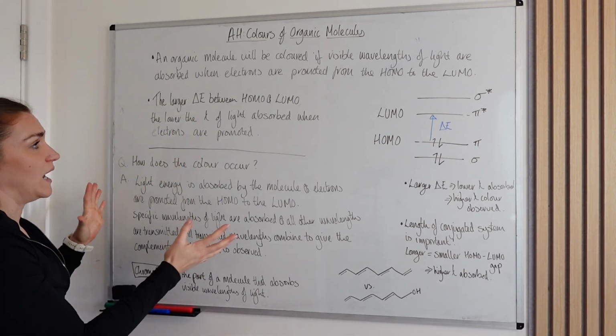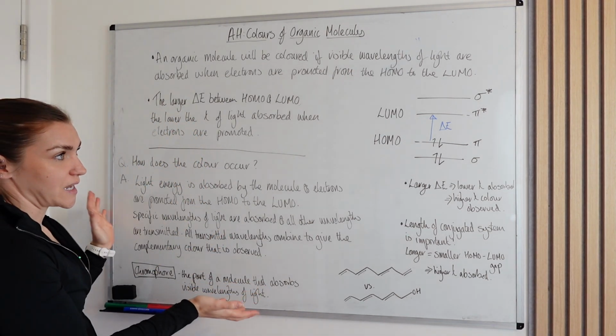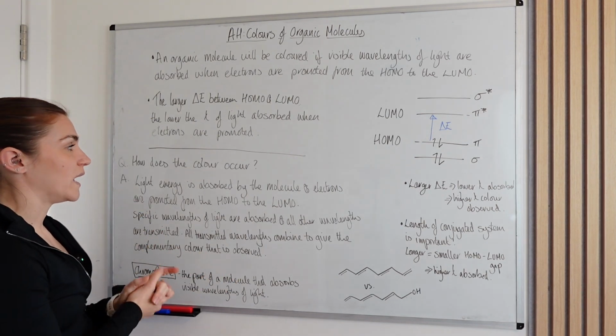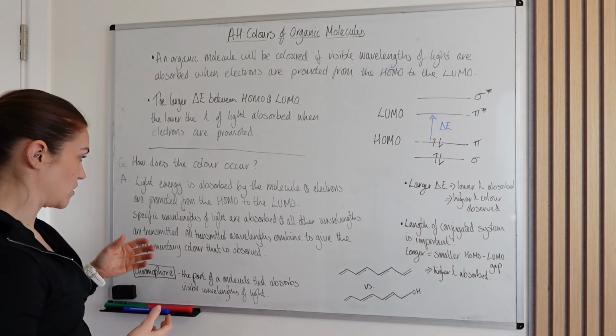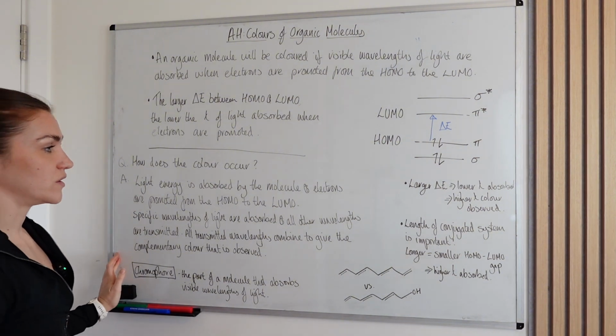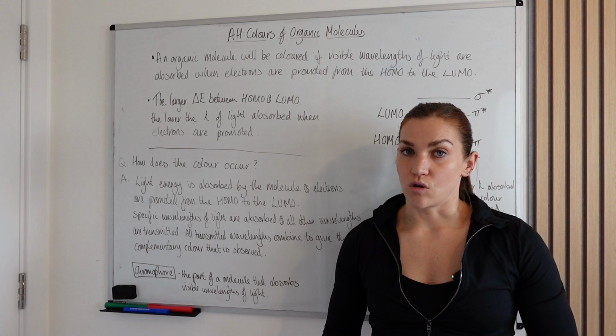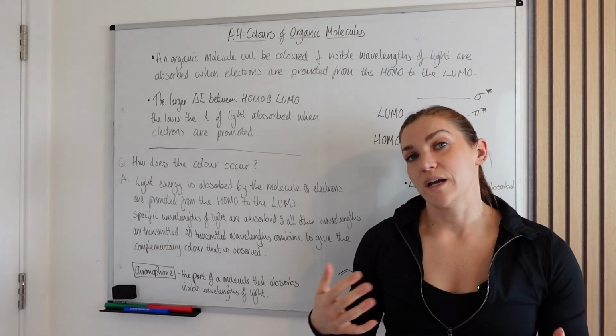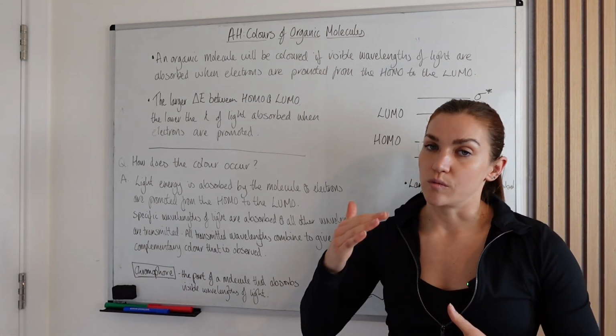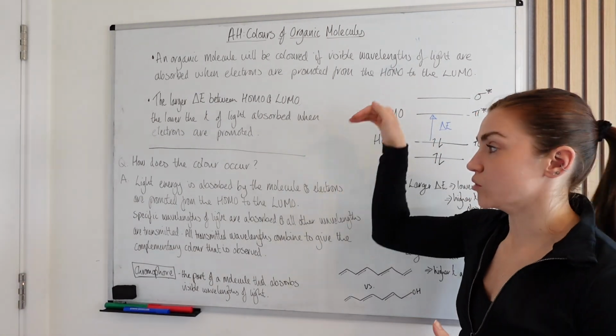So if you are asked in an exam to explain why colour occurs in these organic compounds, this is the sort of thing that you would want to write. Light energy is absorbed by the molecule, and when that light is absorbed, electrons are promoted from the HOMO to the LUMO.